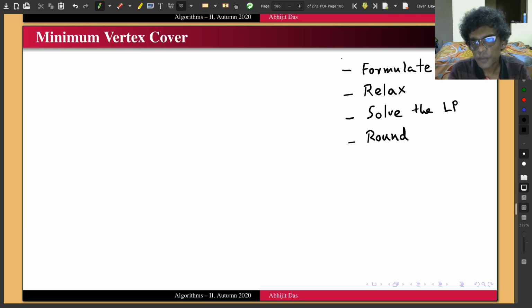These 4 steps together will give me an approximation algorithm for the original problem, minimum vertex cover. So one by one, let us see all these 4 steps. Of course, solve the LP I will not show. We will assume that there are good, efficient LP solvers. So I will explain the formulation, relaxation and rounding steps.